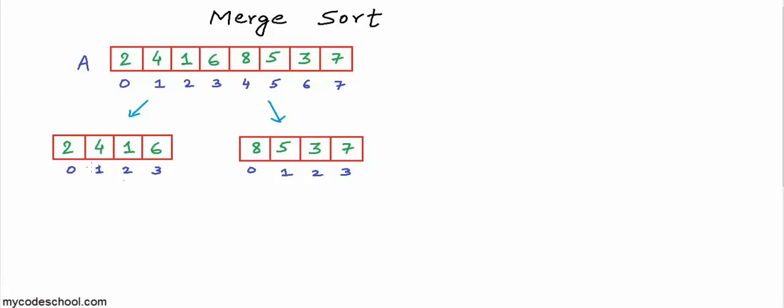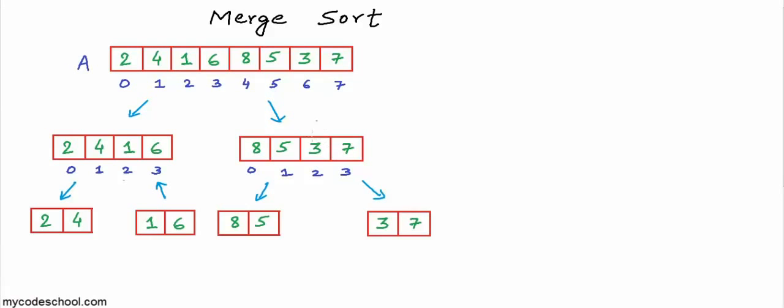And the logic is we can break these sublists even further. So this sublist comprising of 4 elements 2, 4, 1 and 6 can be further divided into these two halves, and this list comprising of 8, 5, 3, 7 can be divided into these two sublists 8, 5 and 3, 7.